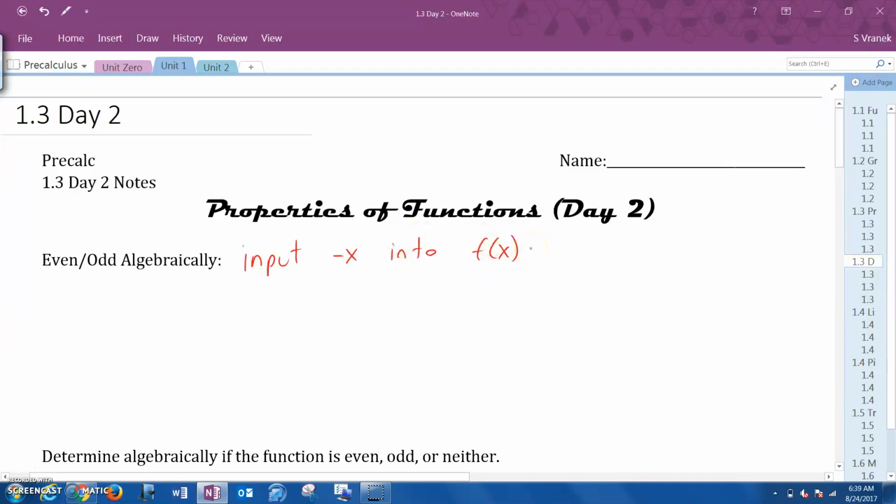When you do that, you'll get 3 possibilities. If when you input a negative x into f of x, and you simplify it, you get the original function out, then the function is even.